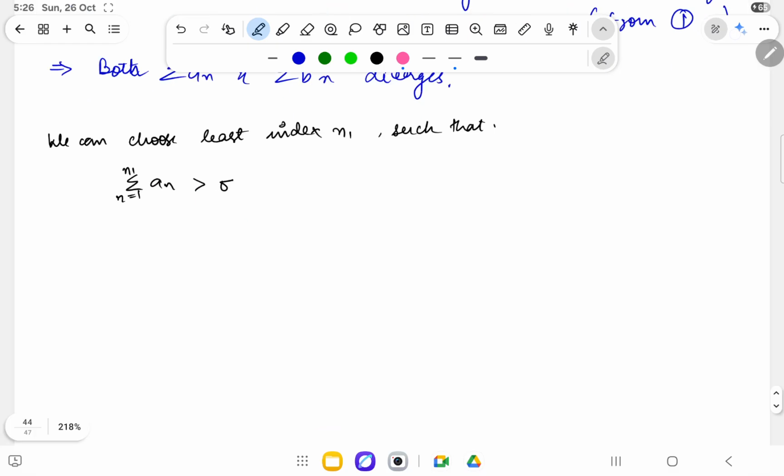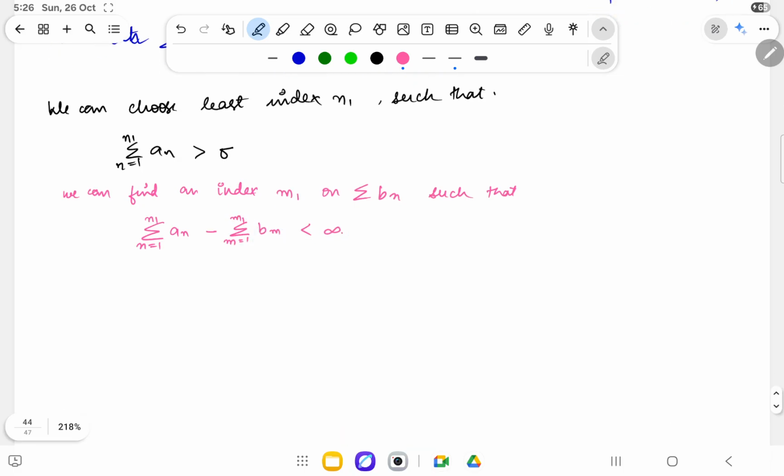Likewise, we can find an index, let's name it m1, on the series summation bn, such that summation n equals 1 to n1 an minus summation m equals 1 to m1 bm is less than sigma.